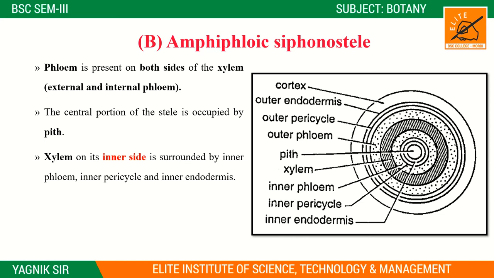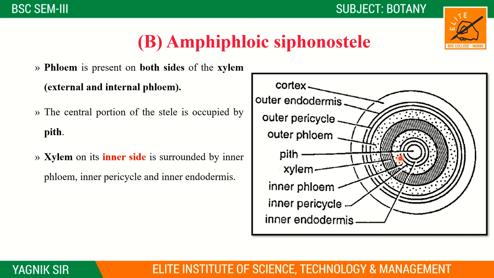And what is the change? Here the center part is a pith, right? And this pith is surrounded by the xylem, and on the inner side of the xylem, inner phloem, inner pericycle and inner endodermis are present. So here this layer is a xylem, right?